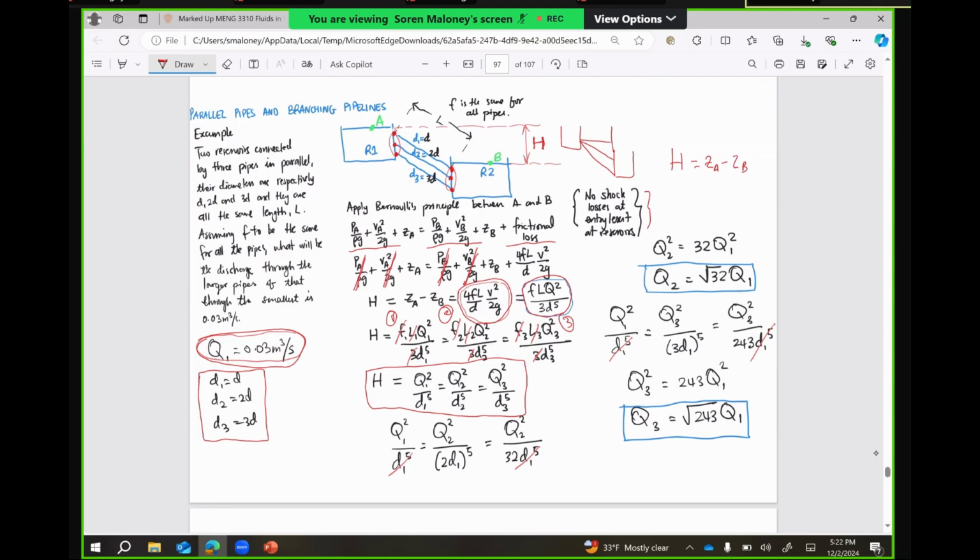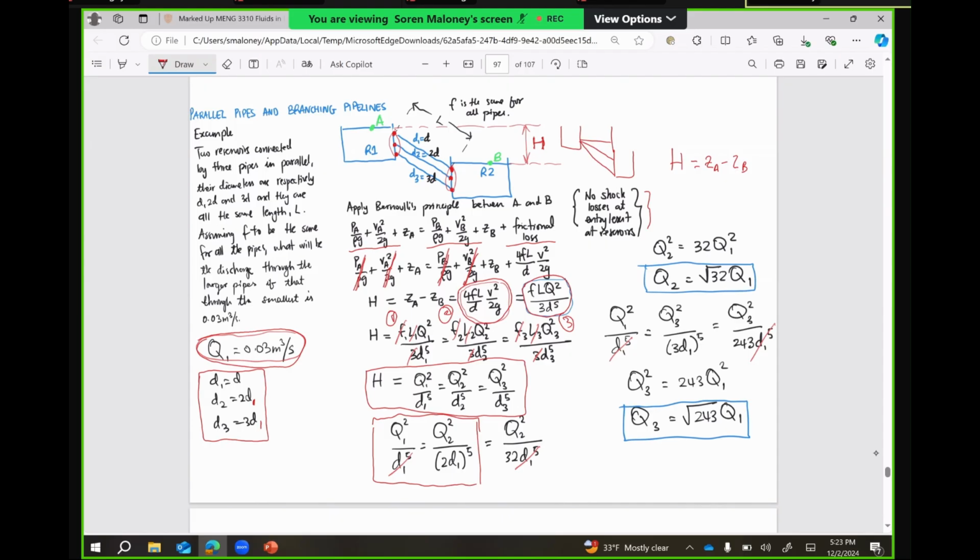So I take the first two pipes, just D1 and D2, and I substitute for D2, because I know that D2 is twice D1. This is D1. So I end up with an expression where Q2 squared is equal to 32 times Q1 squared.